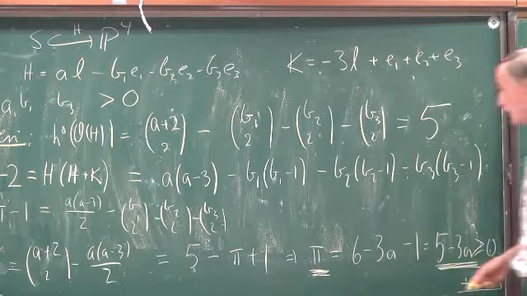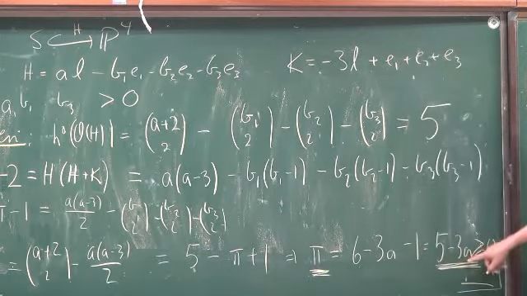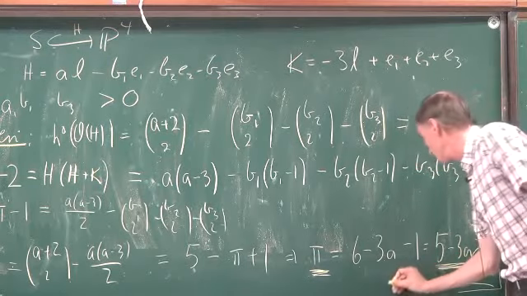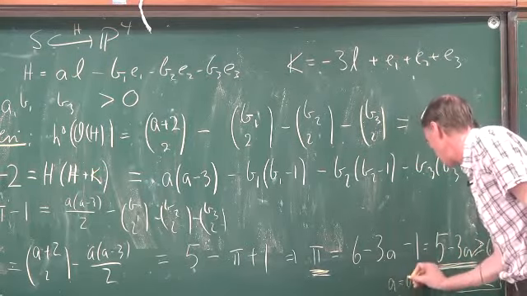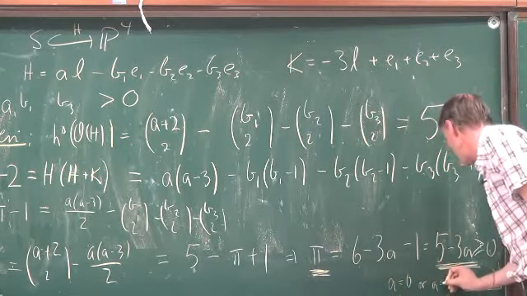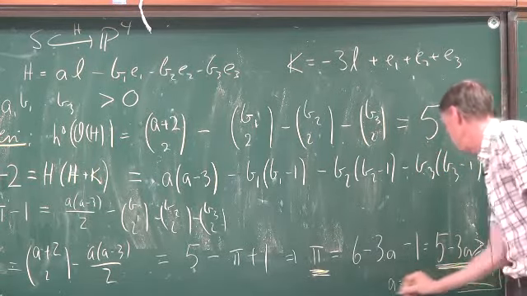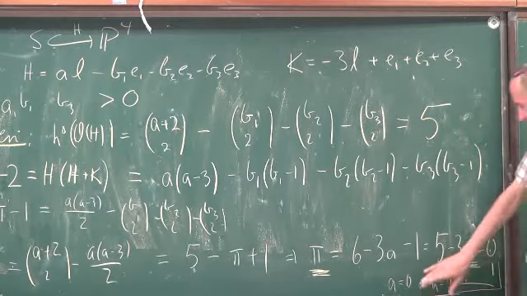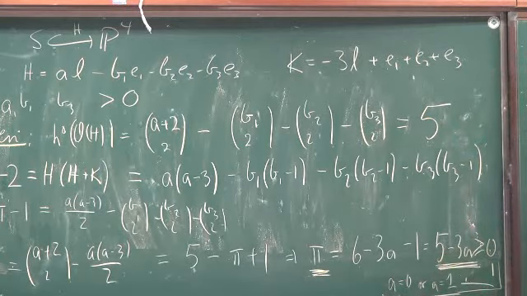So then, if a is positive and 5 minus 3a is non-negative, I have only two possibilities: a is equal to 0 or a is equal to 1. Well, a equal to 0 is not useful either, right? So a equal to 1 is the only possibility.